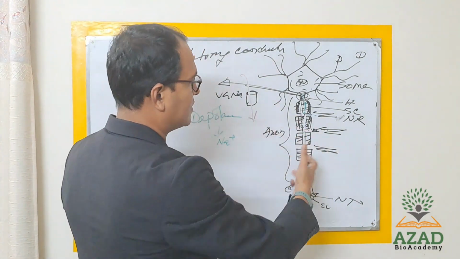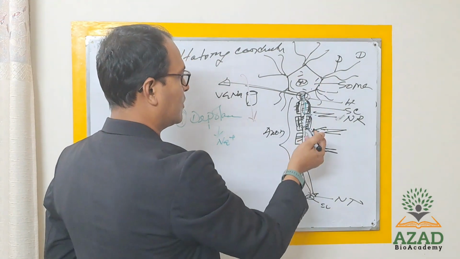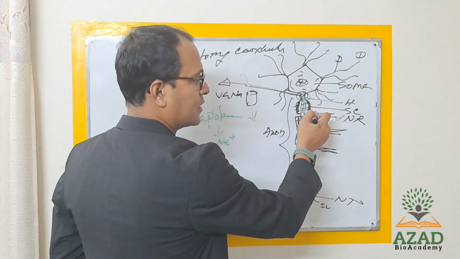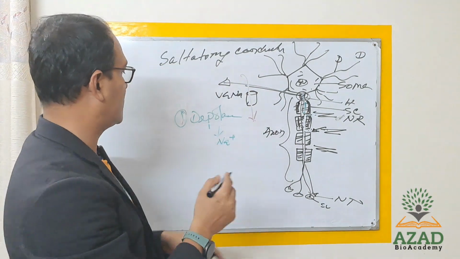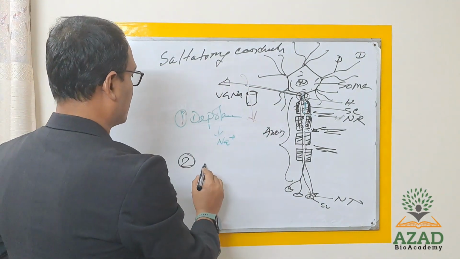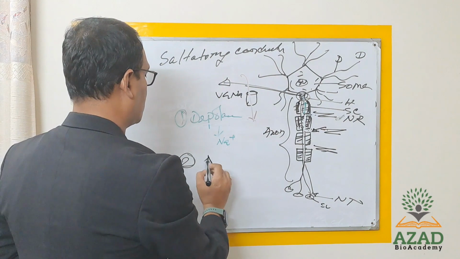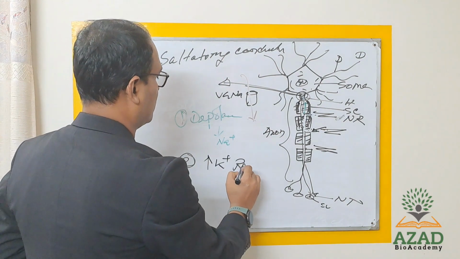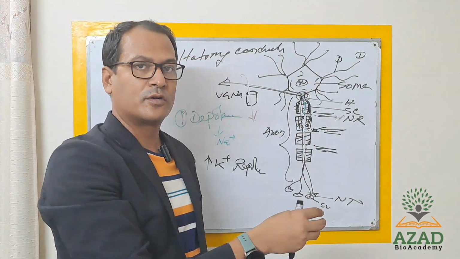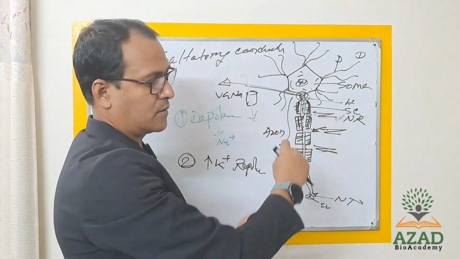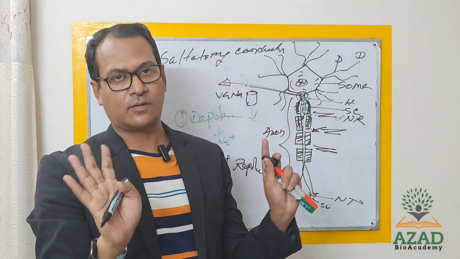I mentioned depolarization several times, but after depolarization there repolarization also happens. And how does repolarization happen? I already said repolarization will happen by the exit of potassium. And it will maintain the resting membrane potential again through the sodium potassium pump and leak channel also.